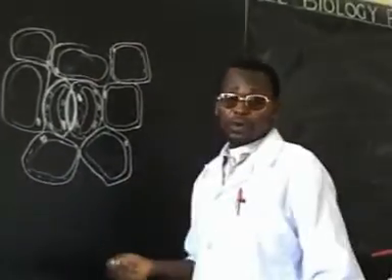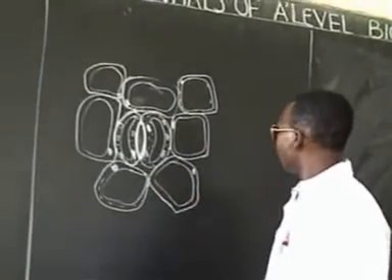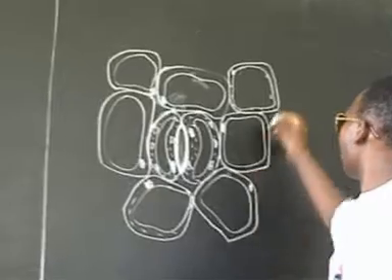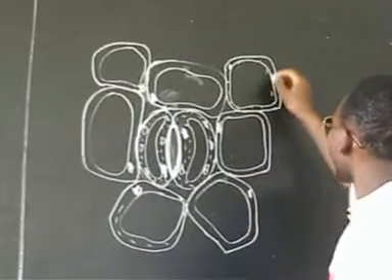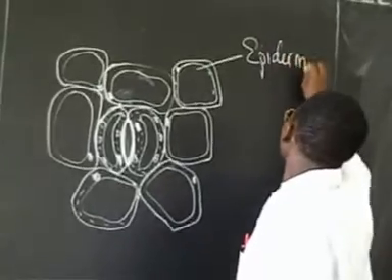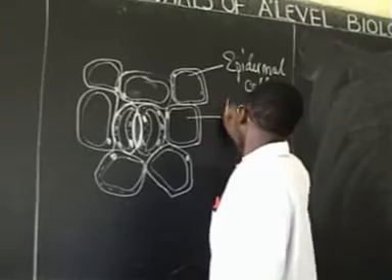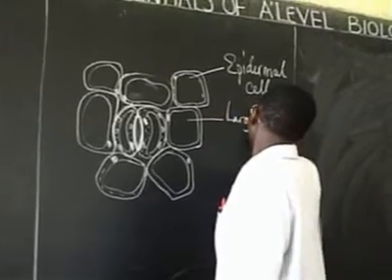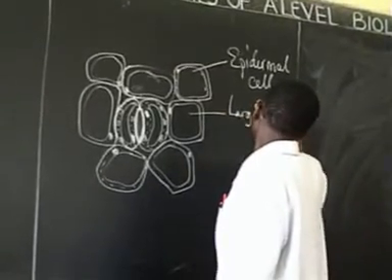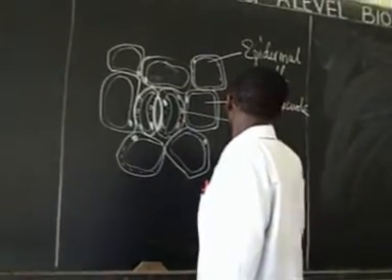So you see that this is a group of cells, and the most concern biologically is the stomata. So what I'll do now is to label it. This one is an epidermal cell. So this is the large vacuole. Then this one is chloroplast.